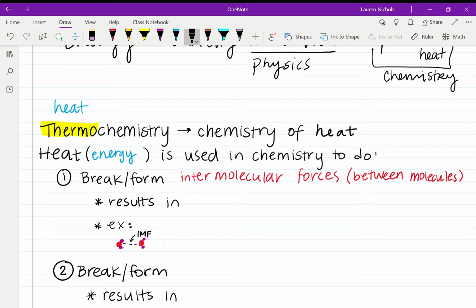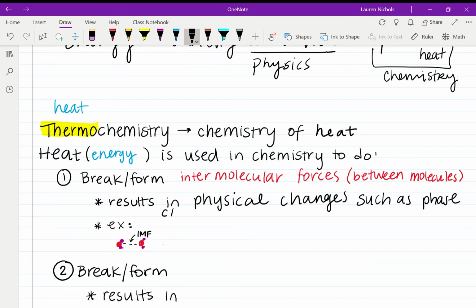Now, when you break or form, so either break existing forces or make new ones, these are going to result in physical changes. These are physical changes because you're just breaking the forces between the molecules, not anything of the actual molecule. These could be any sort of phase change.